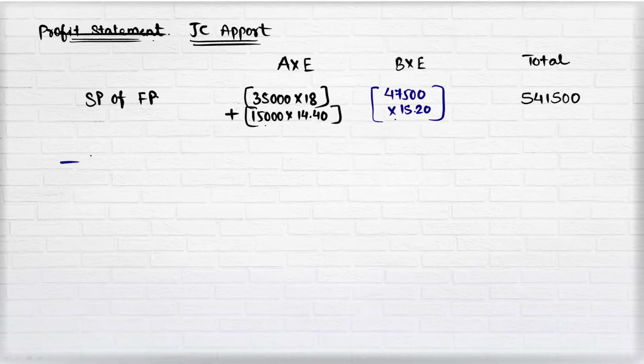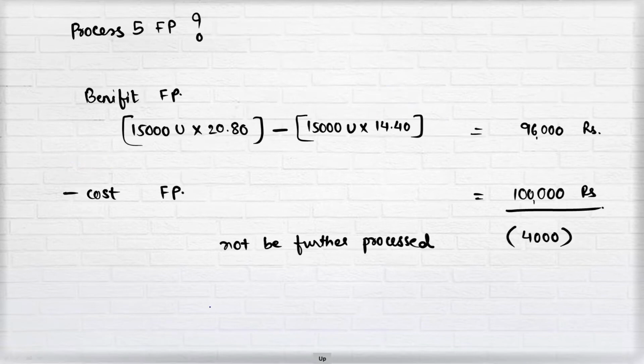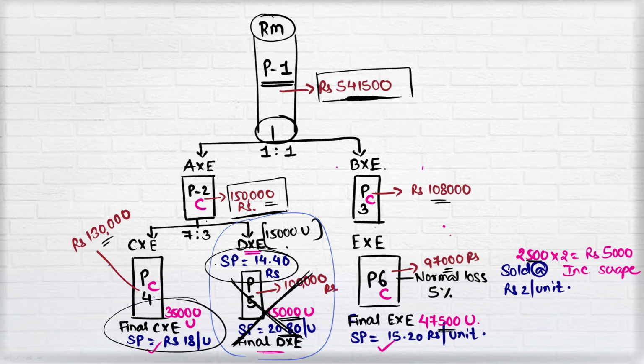Minus. How to find out NRV? Further processing cost. See what will be deducted from AXC. One is 1,30,000, right? This is the further processing cost of AXC. Another is 1,50,000. This 1 lakh will not be deducted because we have taken a decision that we are not going to further manufacture this.